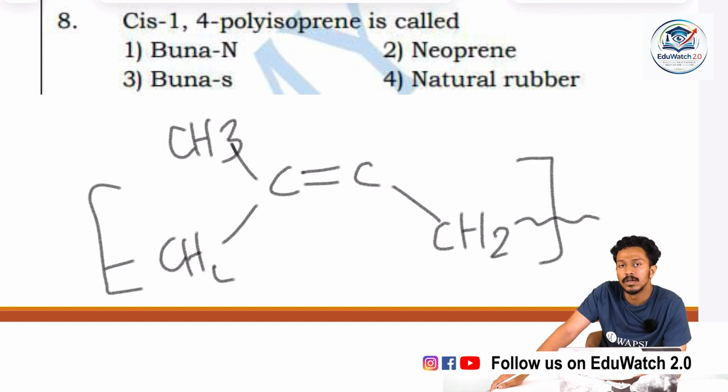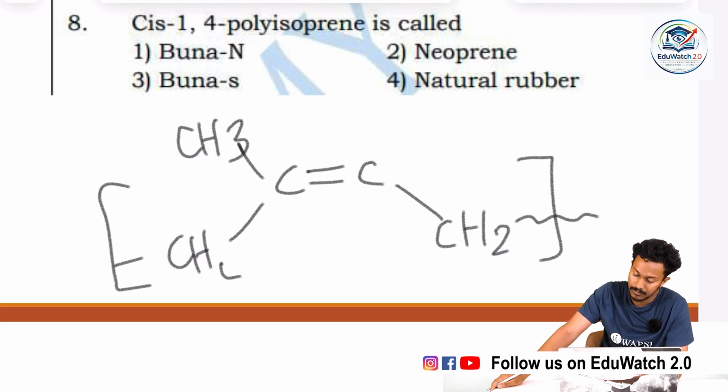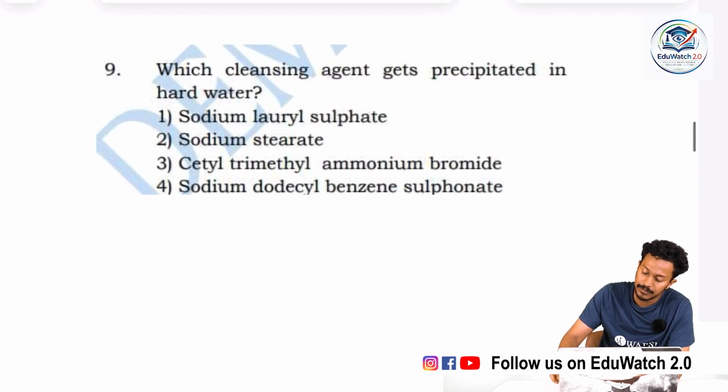This is the structure of cis 1,4 polyisoprene. This is also known as natural rubber. Here the correct option is 4. Moving on to the next question.